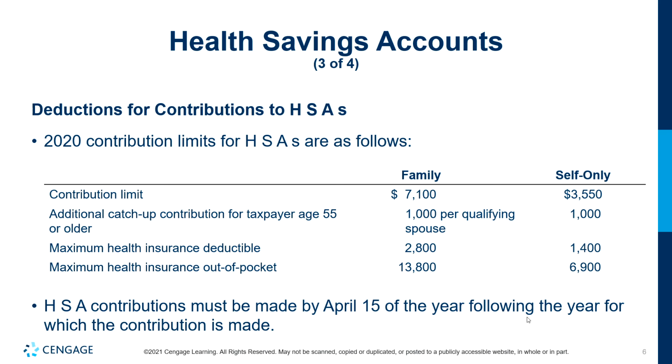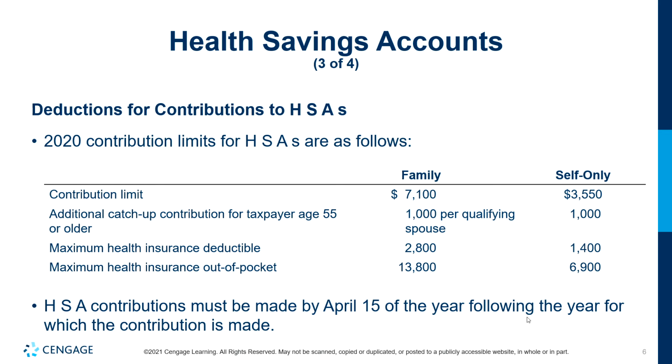So, for 2020, contribution limits for HSA are as follows. Now, for family coverage, the contribution limit was $7,100, and it was $3,550 for self-only. Then we get an additional, which you're going to see also, called an additional catch-up contribution.